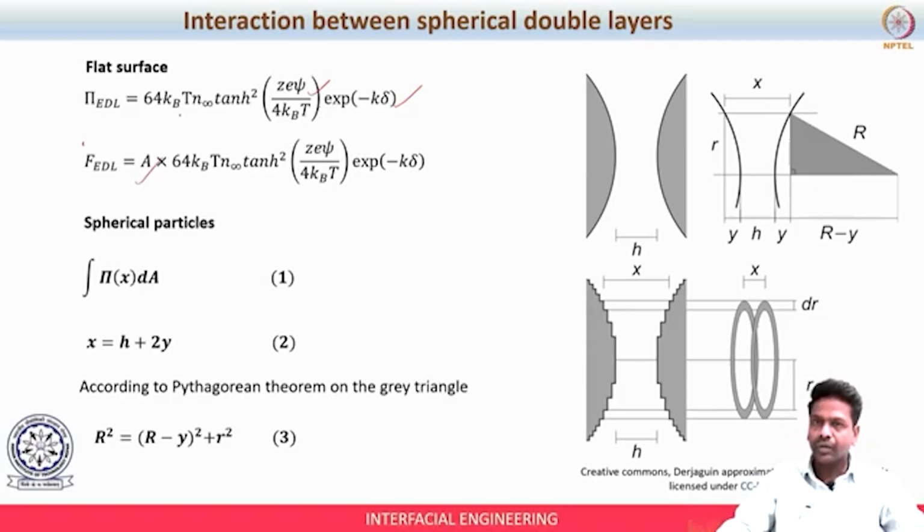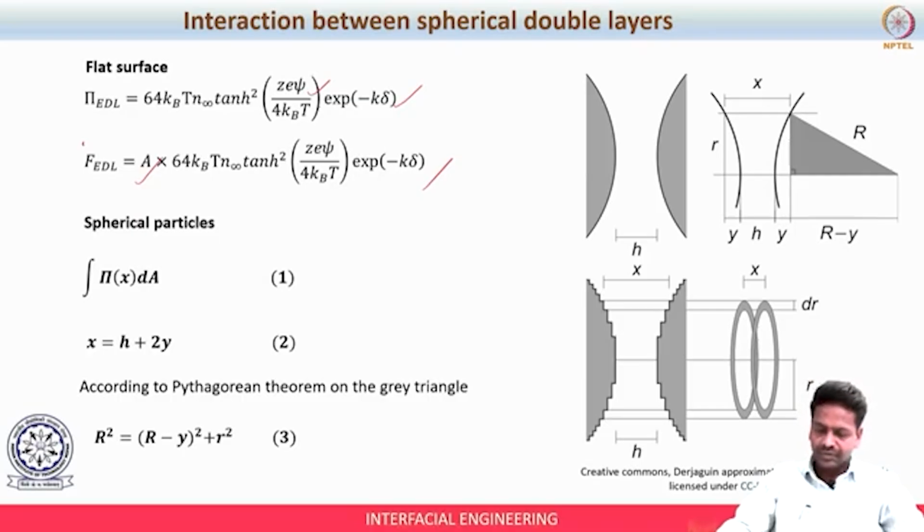Disjoining pressure multiplied by effective area will be your force due to the overlap of the electrical double layers. So here, the only change we made was that we multiplied the disjoining pressure equation by the area. This is very clear. This is for the two planar surfaces.